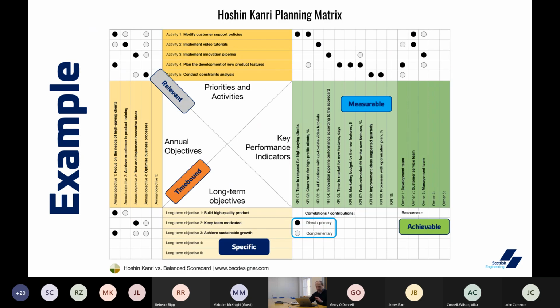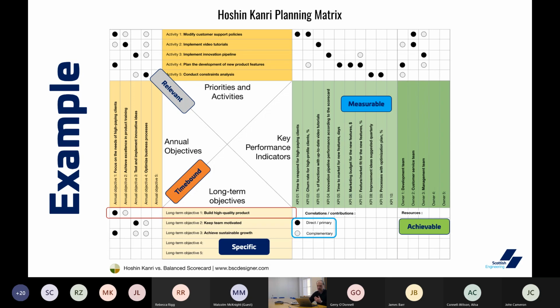Another example here, which does the same thing, but in addition to that, you've got the complementary piece of it. So what you have here, again, the objective is build a high quality product. That's a long-term objective. And what you're going to do next year to do that is focus on the needs of high-paying client, and that's going to deliver high-quality product.